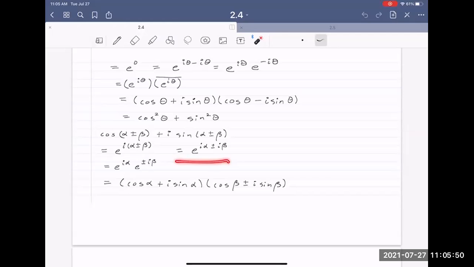So this is e to the i alpha plus or minus i beta. So this is equal to e to the i alpha times e to the plus or minus i beta. And so this is equal to cosine alpha plus i sine alpha times cosine beta plus or minus i sine beta.